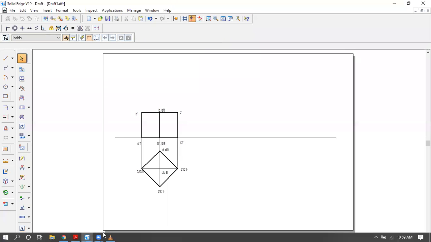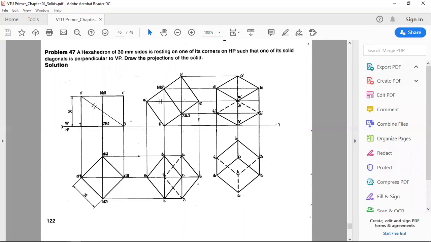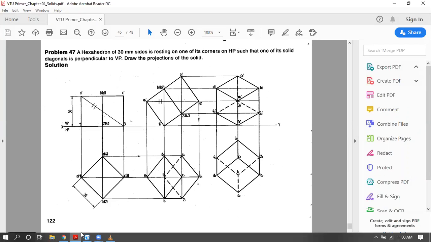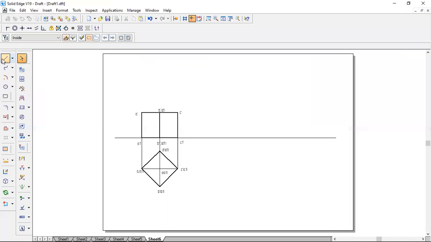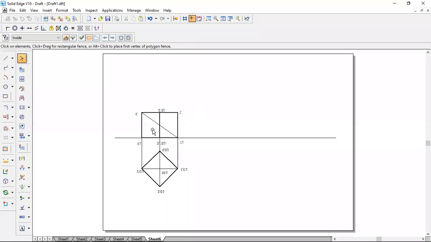Then what is the next condition given in the problem? He has given that the cube is resting on one of its corners, and one of the solid diagonals is perpendicular to VP. The solid diagonal which I have taken is A dash and C1 dash, with A at the top and C1 at the bottom. This is called a body diagonal.